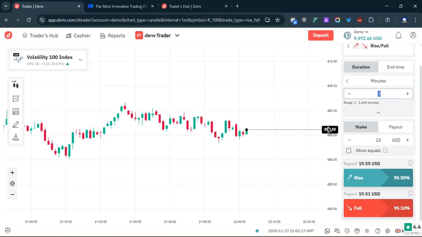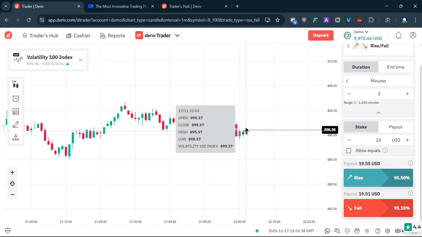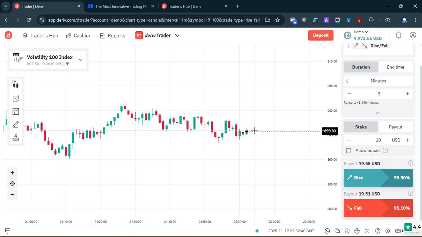If I decide to say that it will rise above the moment that I enter, then after 3 minutes, if it happens that the market is above that point, then I will win that contract. And then my total amount will be this, with a profit of that amount. And if it happens that the market has moved lower, then I will end up losing that amount of money.